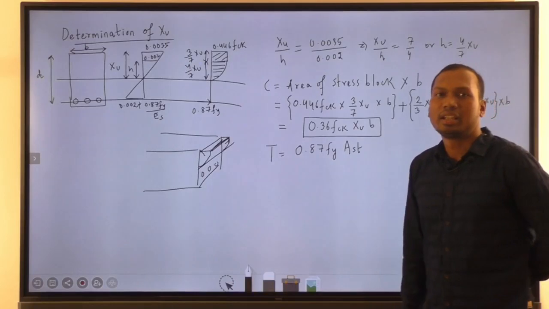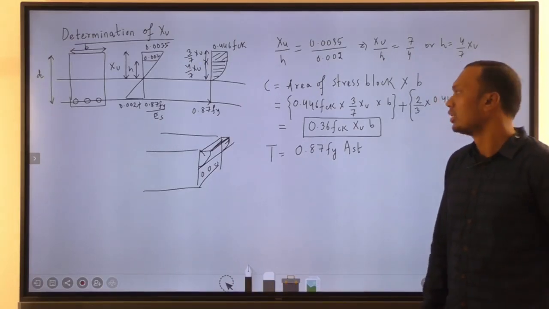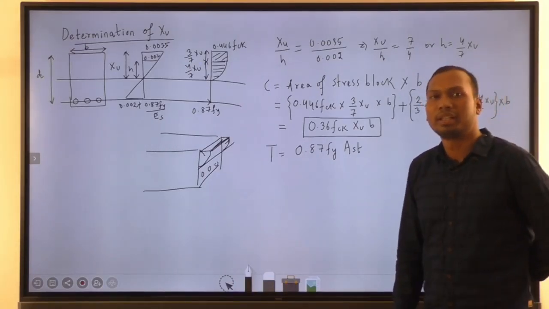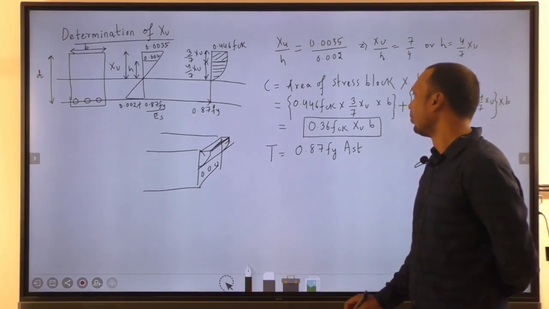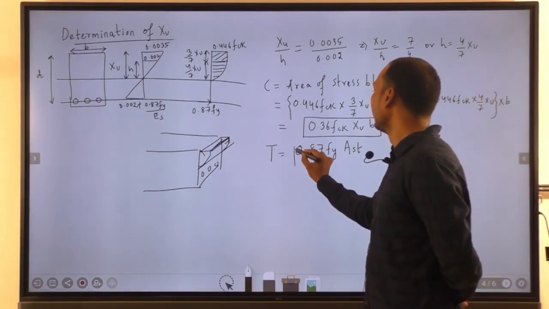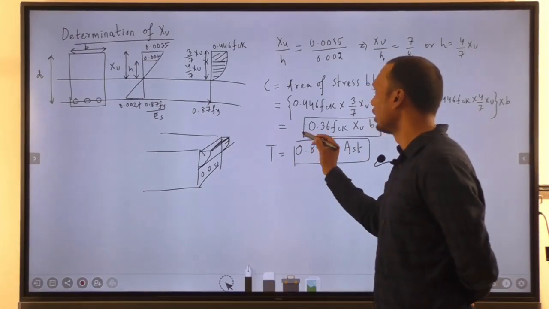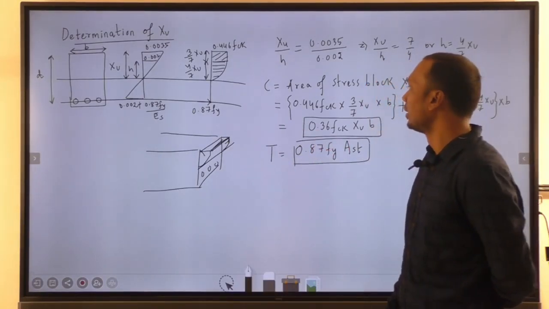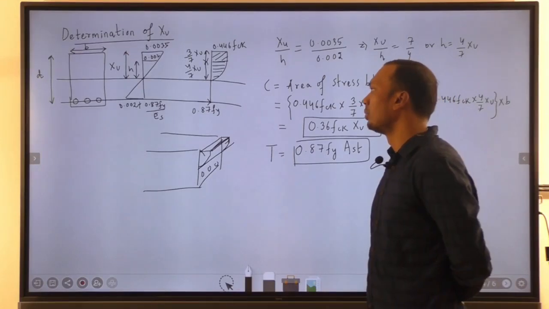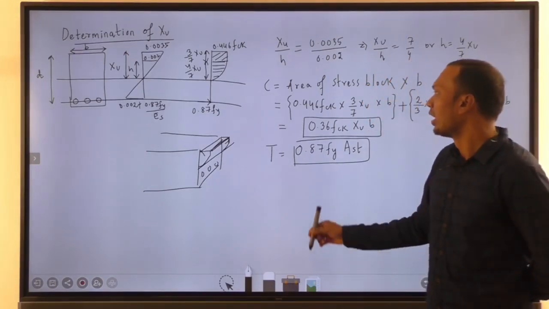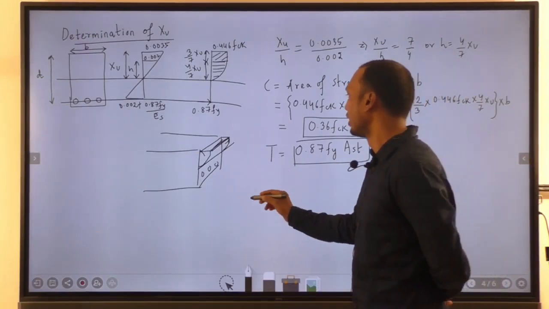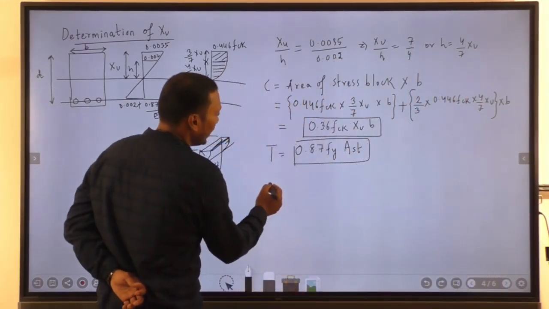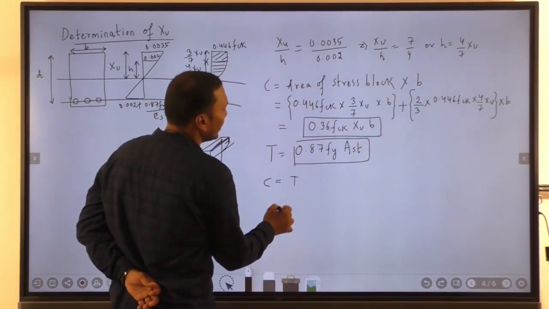Ast is the total area of reinforcement, that is the number of steel bars that we have provided into the cross sectional area of each bar. So we got the compressive force and tensile force. Now we will equate both. After equating, automatically we will get the value of Xu. So let us equate compressive force equal to tensile force.